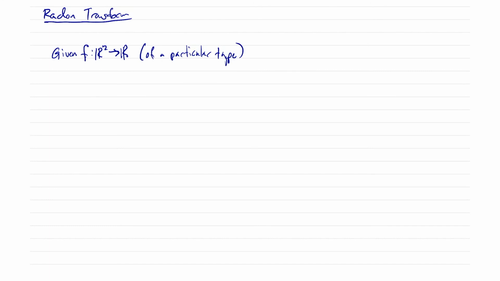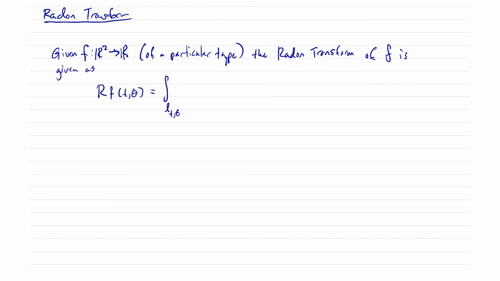A particular type we'll discuss later, but basically just assume that everything works for now, so the integration is convergent, etc. We say that the Radon transform, probably with capital R, of f is given as R f of (t, theta) equal to the integral over L(t, theta) of f ds, where s parameterizes the line like we saw in the last lecture.